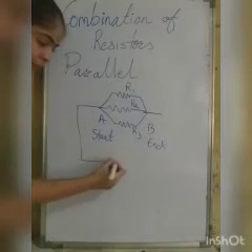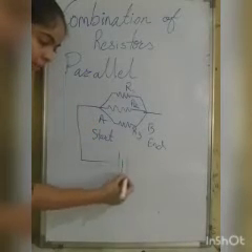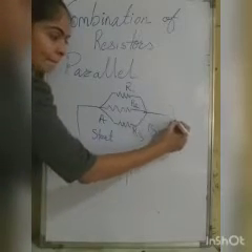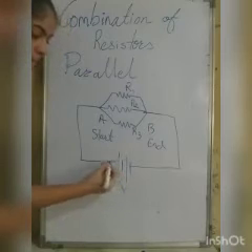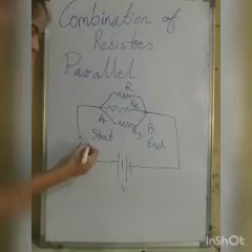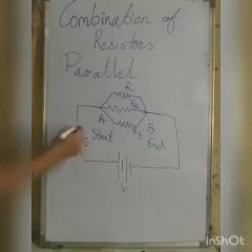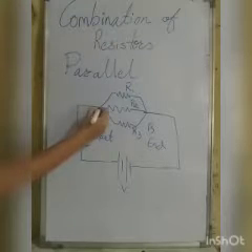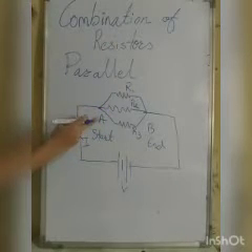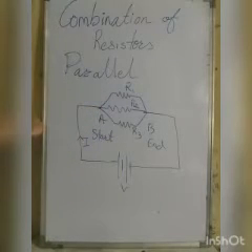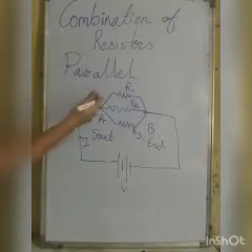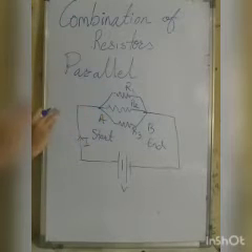If I provide a battery again to this circuit, my current I will flow, right? And after coming to point A, what happens? There are 3 paths for it, so it has to go through all the 3 paths.